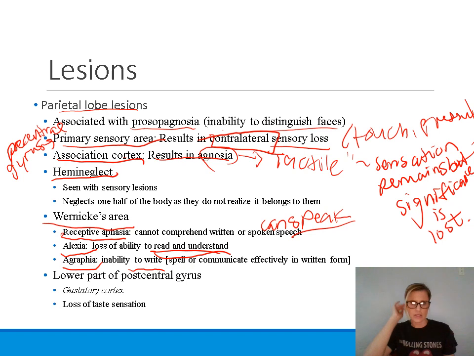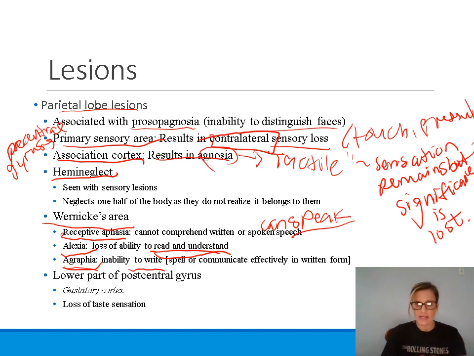You don't understand. Now you can write. So with alexia, you can't read something, but you can write. Agraphia is the inability to write, okay? And again, these aren't intellectual deficits. You could do these things previously. You just can't do them now with parietal lobe lesions.